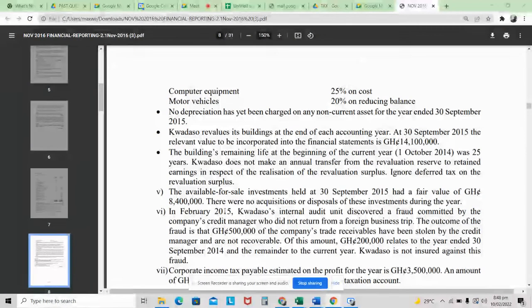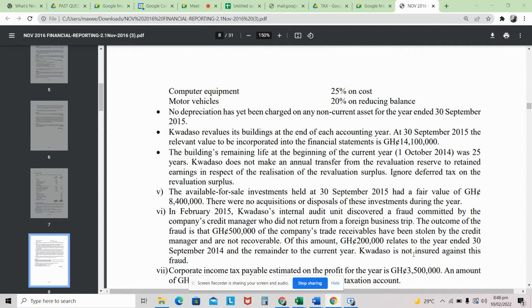In February 2015, Kwadaso's internal audit unit discovered a fraud committed by the company's credit manager, who did not return from a foreign business trip. The outcome of the fraud is that 500,000 of the company's trade receivables have been stolen by the credit manager and are not recoverable. Of this amount, 200,000 relates to the year ended 30th September 2014 and the remainder to the current year.